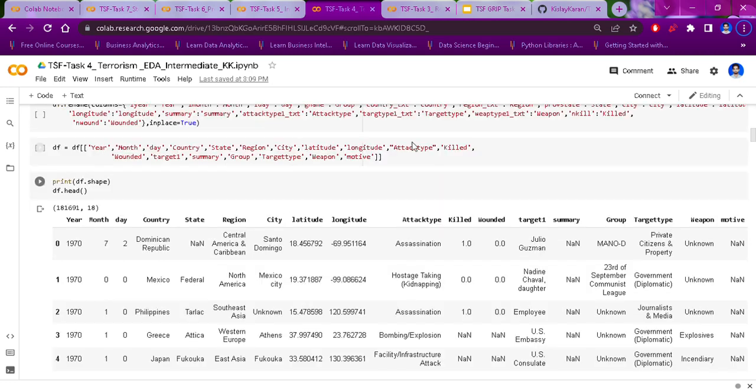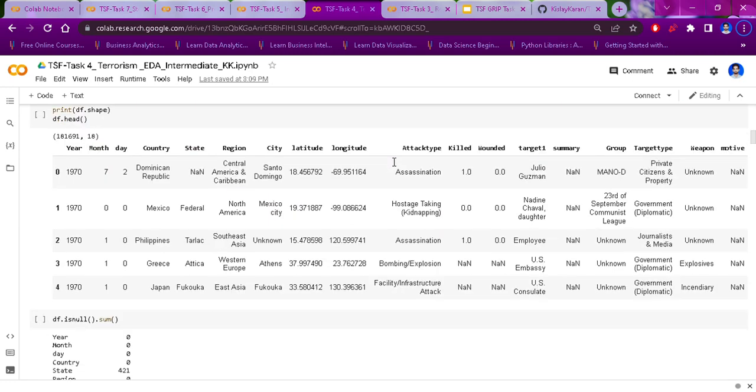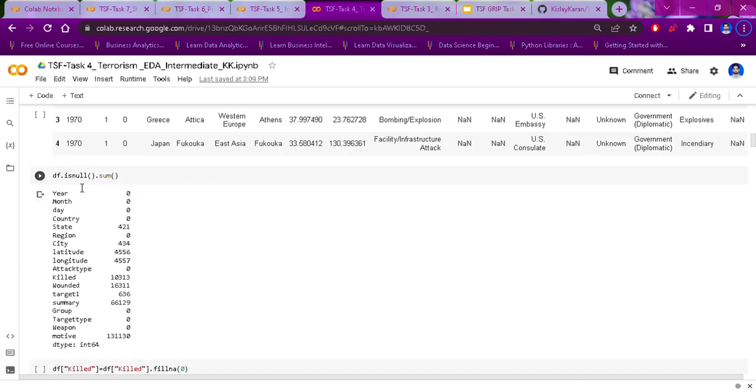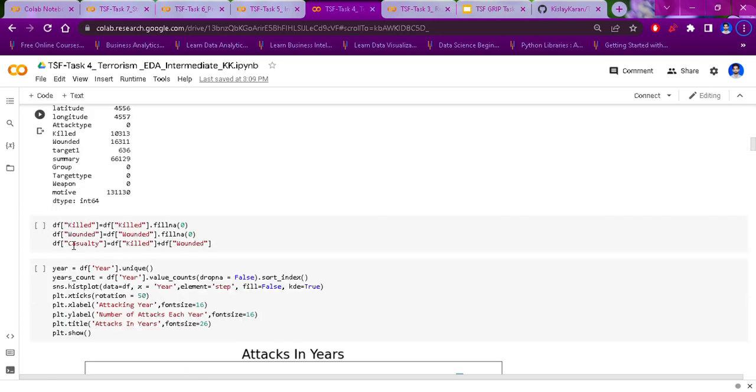So these are the columns which I have selected for the analysis, and then we'll be checking for the null values of each of the columns, how many null or missing values each of the columns have, both categorical and numerical columns.